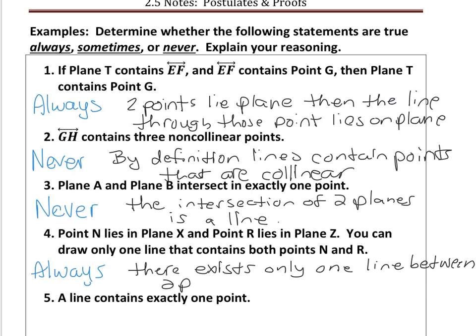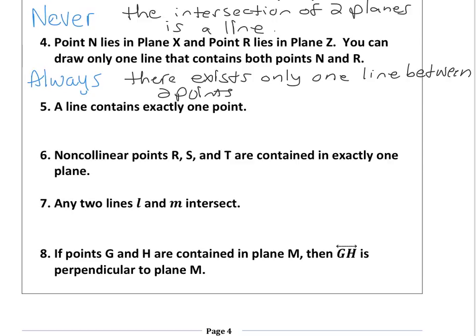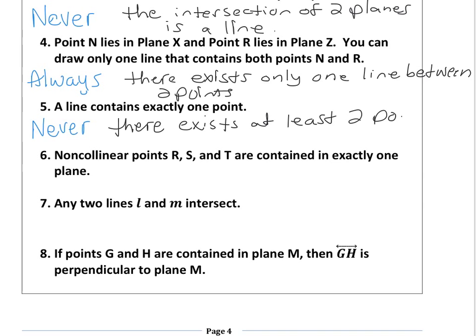Number 5, a line contains exactly 1 point. That would be never. Justification, let me rewrite that. There exist at least 2 points on any given line.